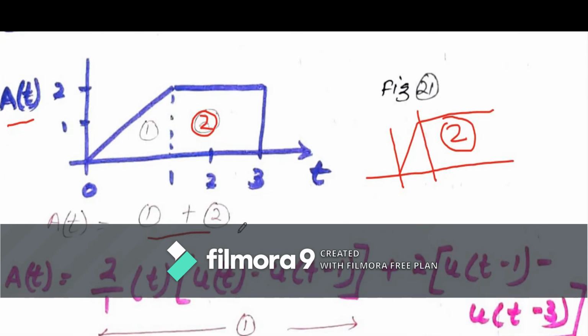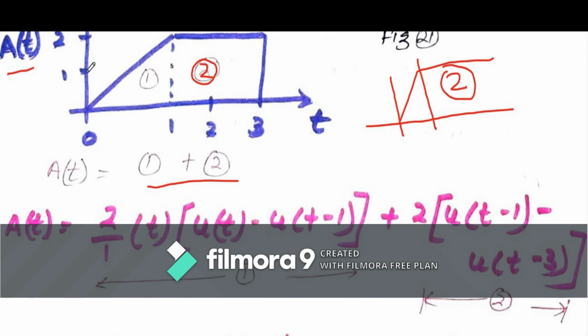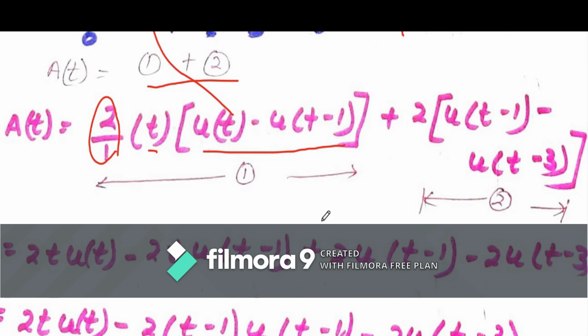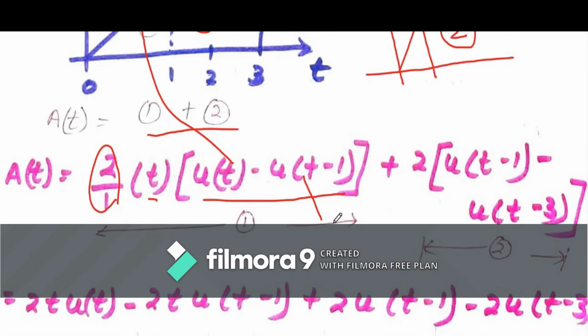For this part, it is a gate function, as already I have explained. Suppose this is a gate function from 1 to 2 with magnitude k.